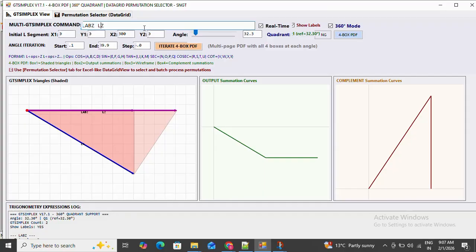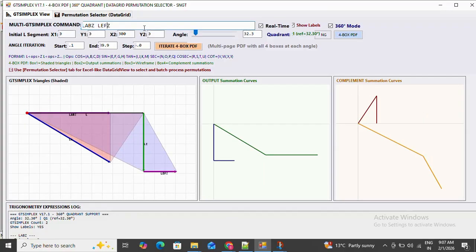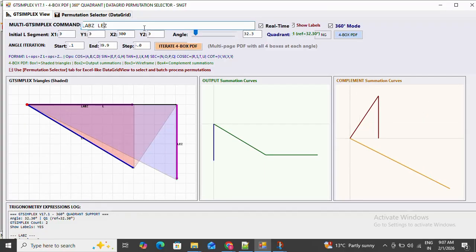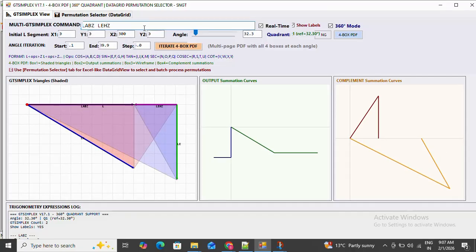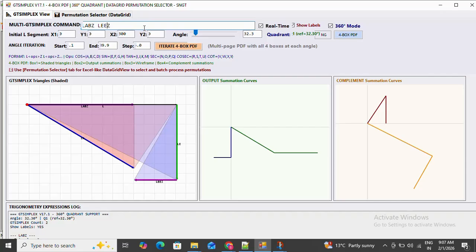EZ, EFZ, EG, EF is not overlapping, EG is not overlapping, EH is not overlapping, EE is not overlapping but parallel.